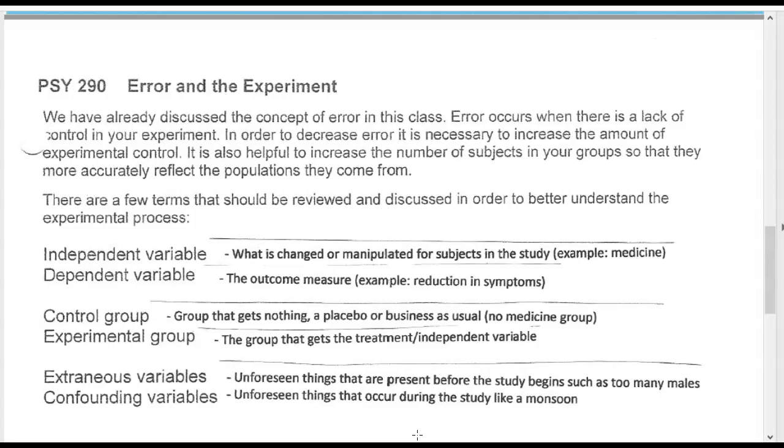Extraneous variables. What if a whole bunch of people who volunteer to be part of the study, they don't know which group they're going to be in, they're all honor students, they're all friends with each other, they are all a certain race or ethnicity, you don't know what's going to happen, extra things appear before your study even starts. And what about confounding variables in this example?